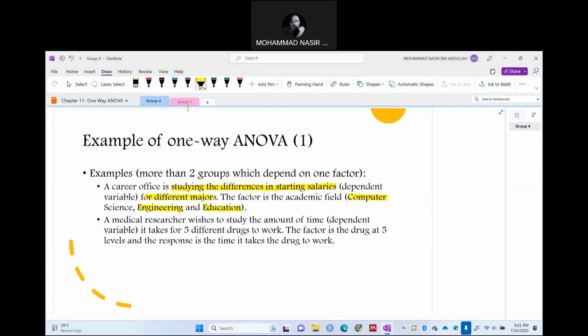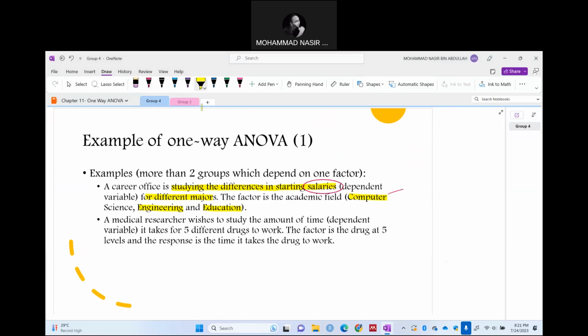So this field, graduate from engineering, computer science, education, is an independent variable. Right? It's a categorical variable with more than 2 levels. Right. So starting salary is numerical data. Numerical data means a quantitative value. So it should be a dependent variable.